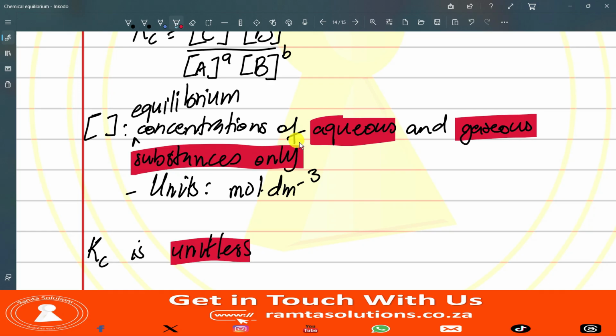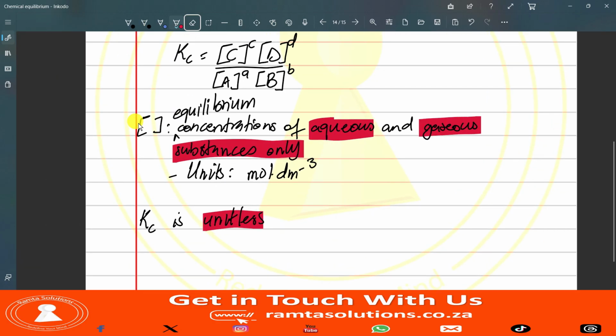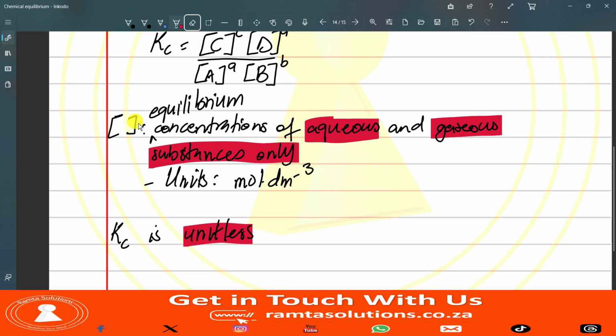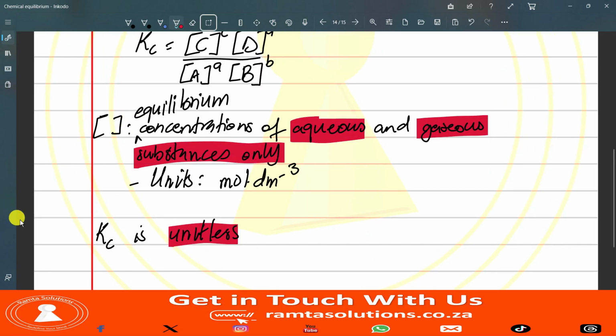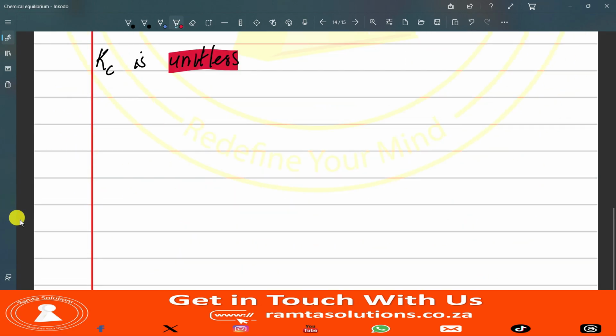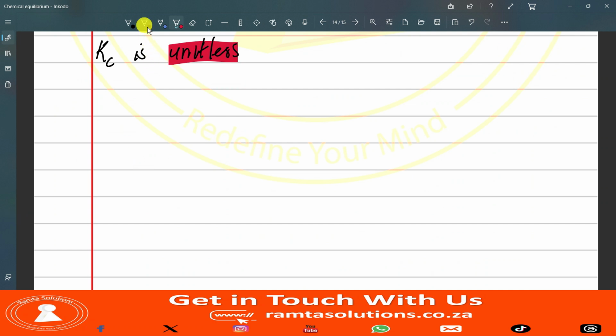Now let's talk about the meaning of the values of Kc. Meaning of Kc values.